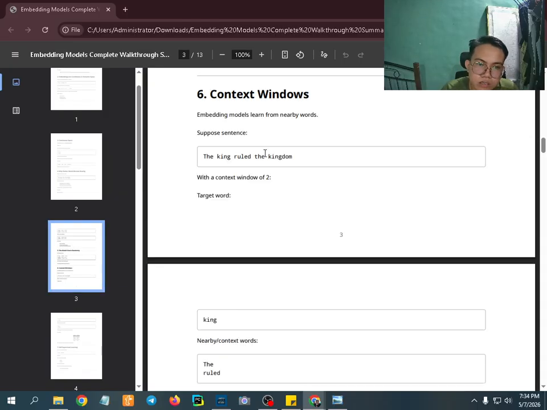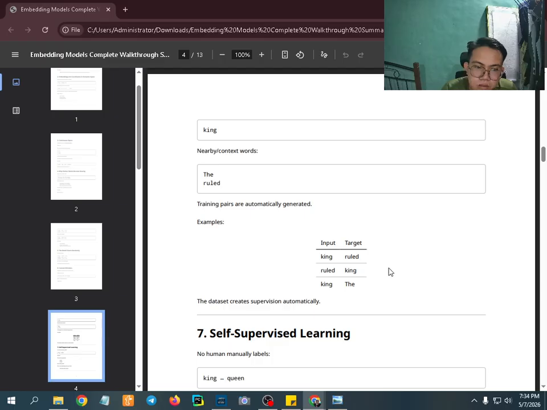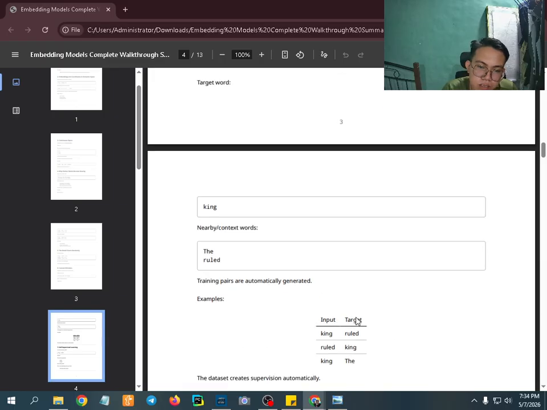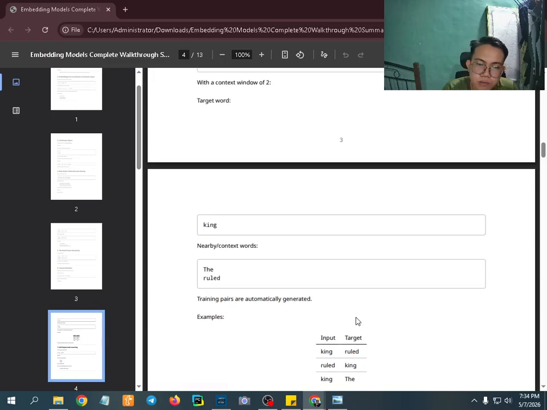For example, with a window of 2, king will be paired with these words. And if we had a window of 3, it will be generated like that. So the data generates supervision automatically, and those pairs of words will be used in the training.